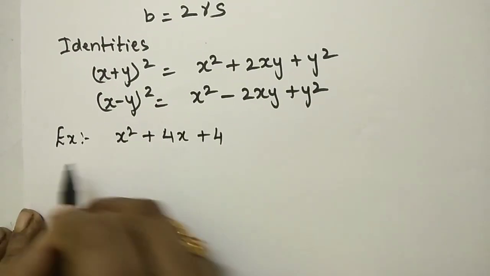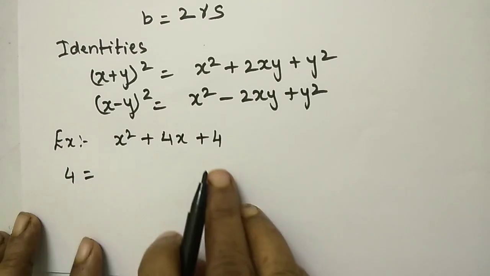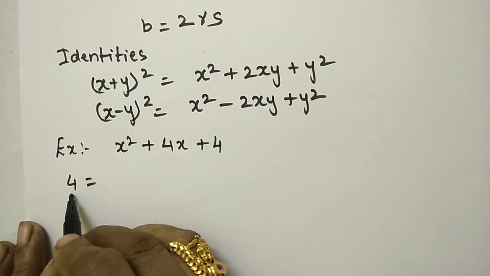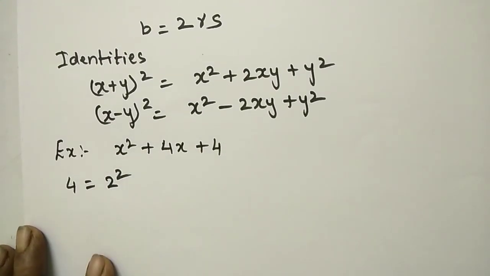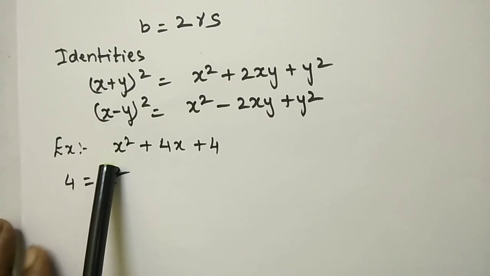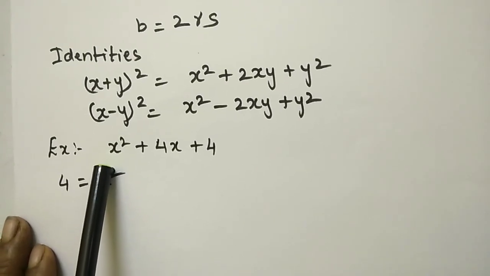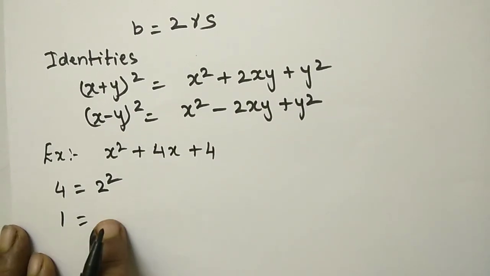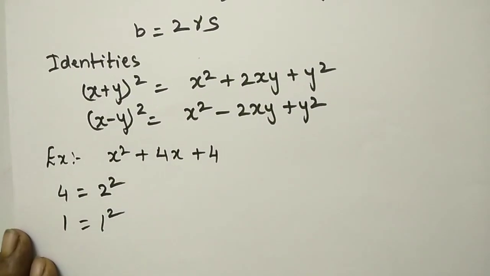Here the constant term is 4. Can we express it as a square of a number? Yes, because 4 can be expressed as 2 square. Then go to the coefficient of x square. What is the coefficient of x square here? It is 1. It can be expressed as square of 1, is it not?